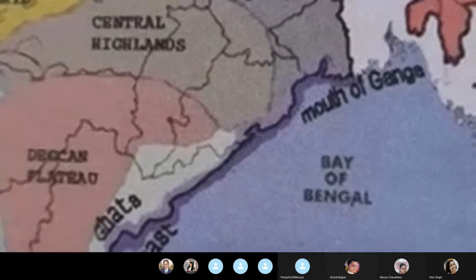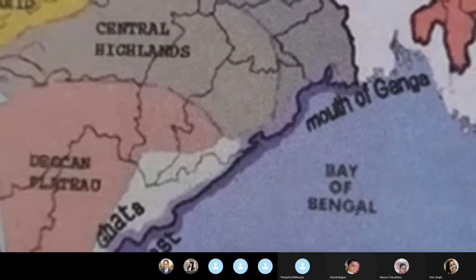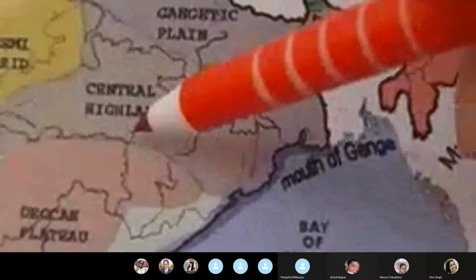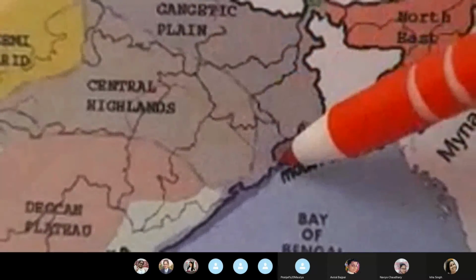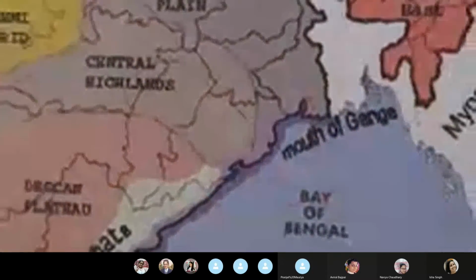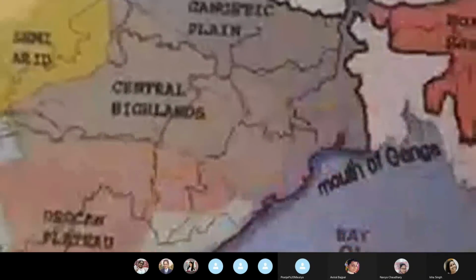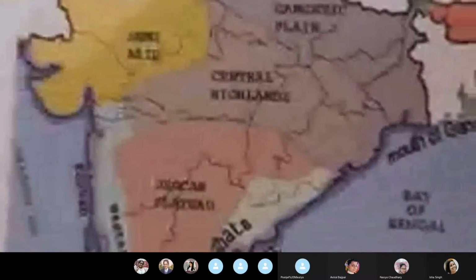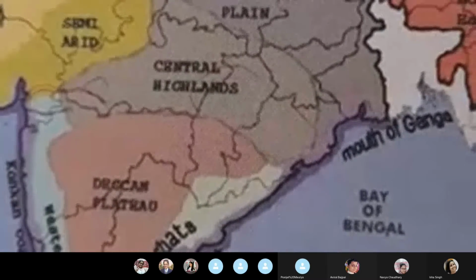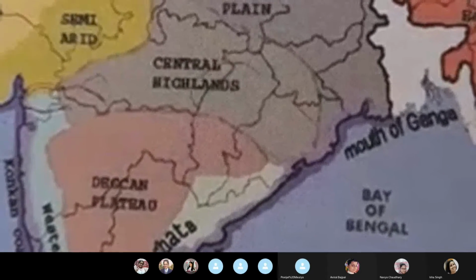make deltas on the eastern coastal plain and drain their water into the Bay of Bengal. Now, many rivers, beginning from here, Mahanadi, then Godavari, Krishna, Kaveri, all these rivers begin from here and fall into Bay of Bengal. So once these rivers are falling into Bay of Bengal, they are providing a good delta region here.